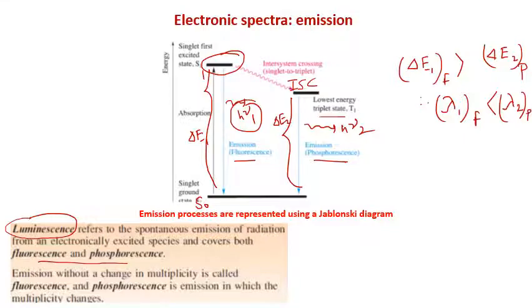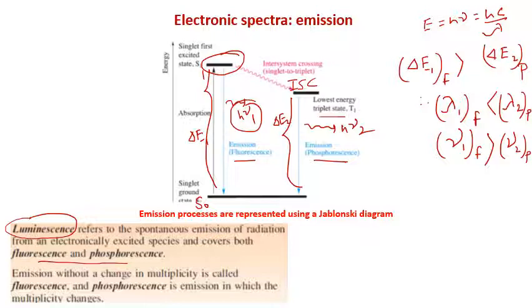Or in terms of frequency, you can say that fluorescence frequency will be higher than that of phosphorescence frequency, because we all know that E is equal to h nu, which is equal to hc by lambda. So energy is proportional to frequency and inversely proportional to wavelength.